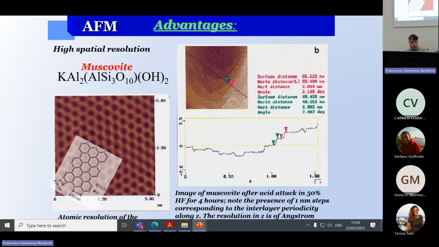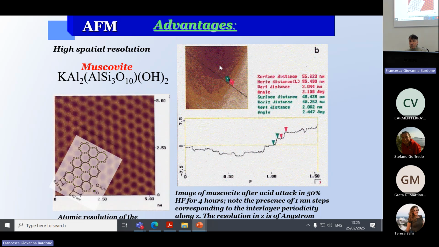Just to show you some examples, you can go down to atomic resolution. This is the surface of a muscovite. Muscovite is a phyllosilicate on whose surface you have the distribution of the oxygen plane, and you can see the hexagons of the crystal down to angstrom resolution.